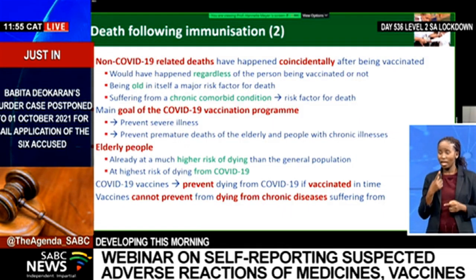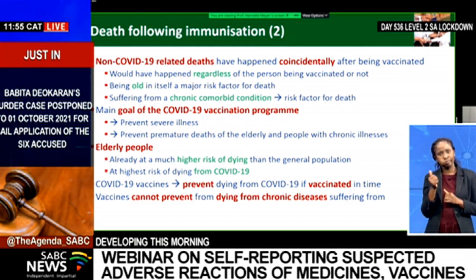What is important to remember is that we are vaccinating an elderly population, a large proportion of them, and we've also seen the deaths in the more elderly people. They have chronic comorbid conditions in virtually all of them.